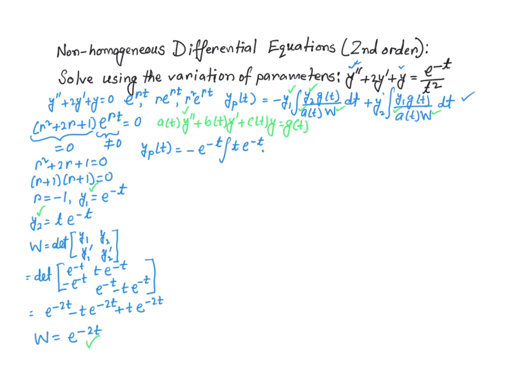and g of t, remember in our problem g of t is e to the power negative t over t square, times 1 over a of t.